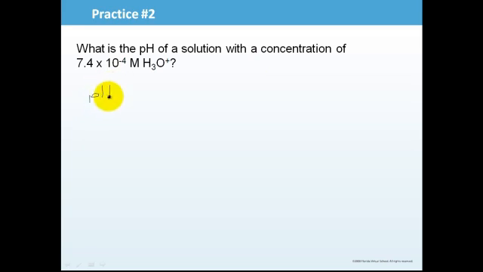So the pH equals negative log of 7.4 times 10 to the negative 4. And that'll give us a pH of 3.13.